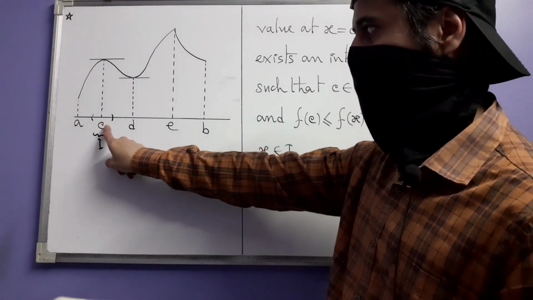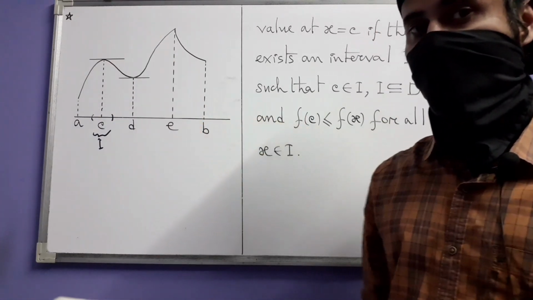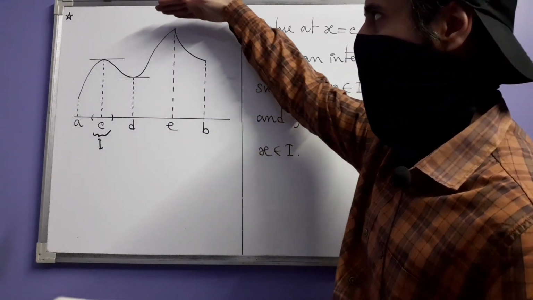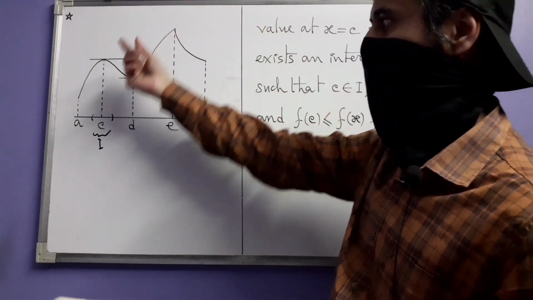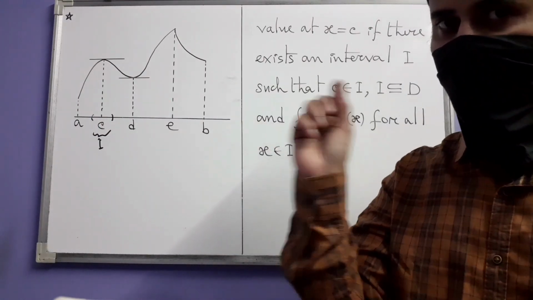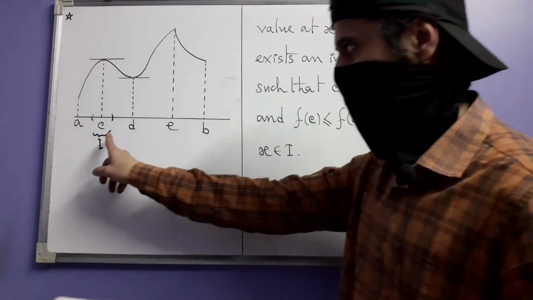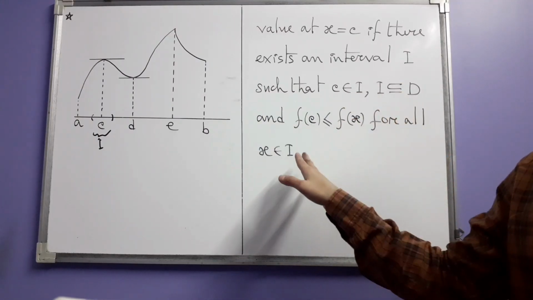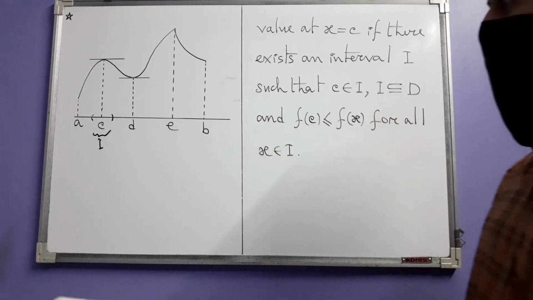At this interior point C, you have a local maximum value. Note that it's not the largest value overall, but in a small region containing C, it's the largest. It is that I that we are talking about here, not this one but the previous one.